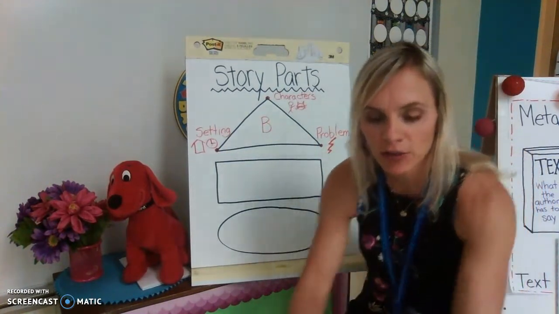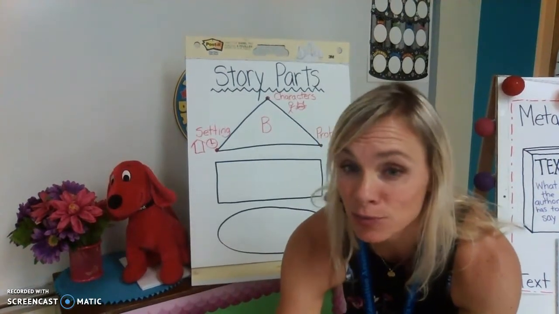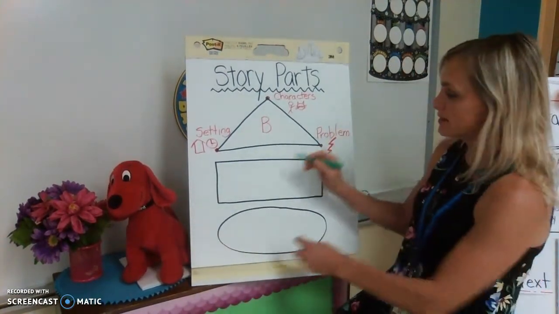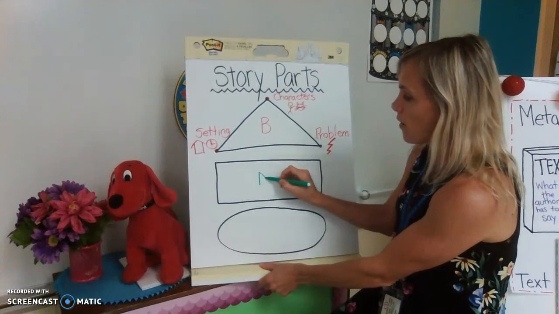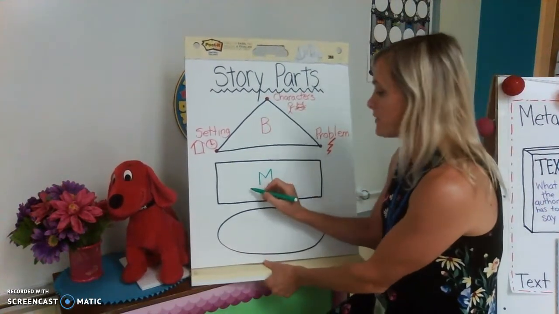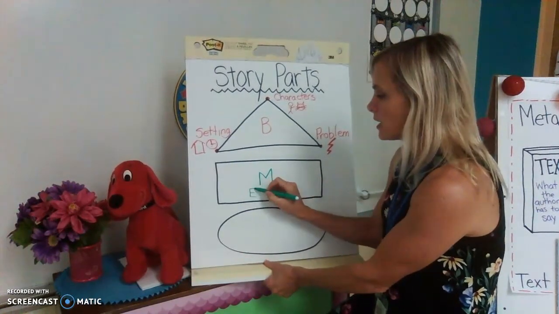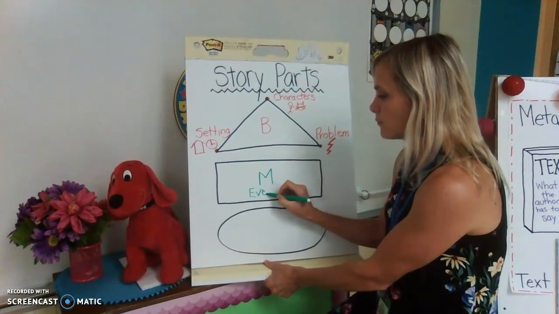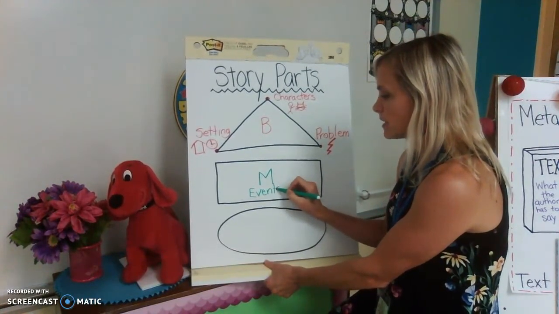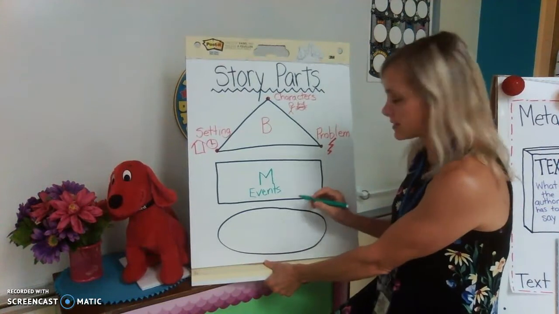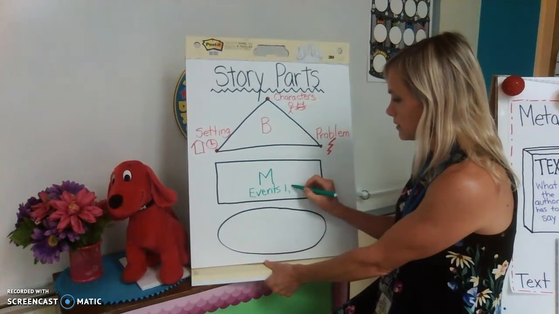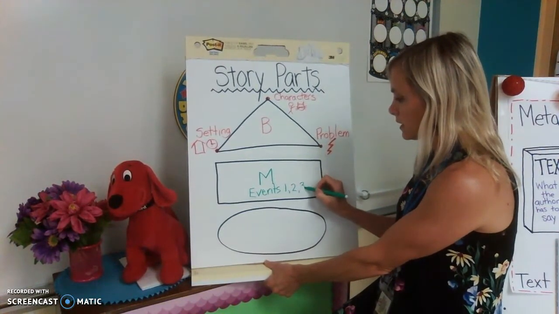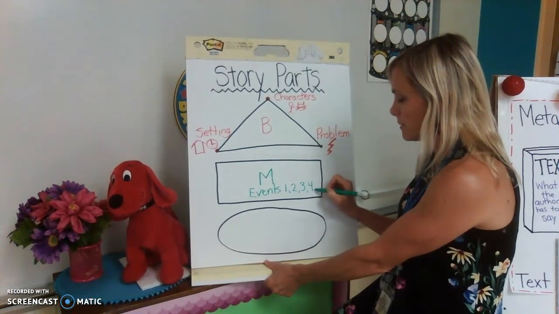Now I'm going to change my color for the middle. And the middle you can see is a rectangle. And this is all the middle is for the events. And when I write events in the middle, I'm going to number them because it's important that you tell your events in order. So 1, 2, 3, 4, and there might be more than that.